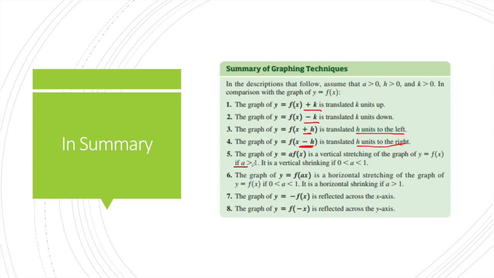My graph will be vertically stretched if my a is greater than 1, and it'll shrink if it's less than 1. And it'll turn upside down if my a is less than 0. So a is negative. That means my graph is going to be upside down.